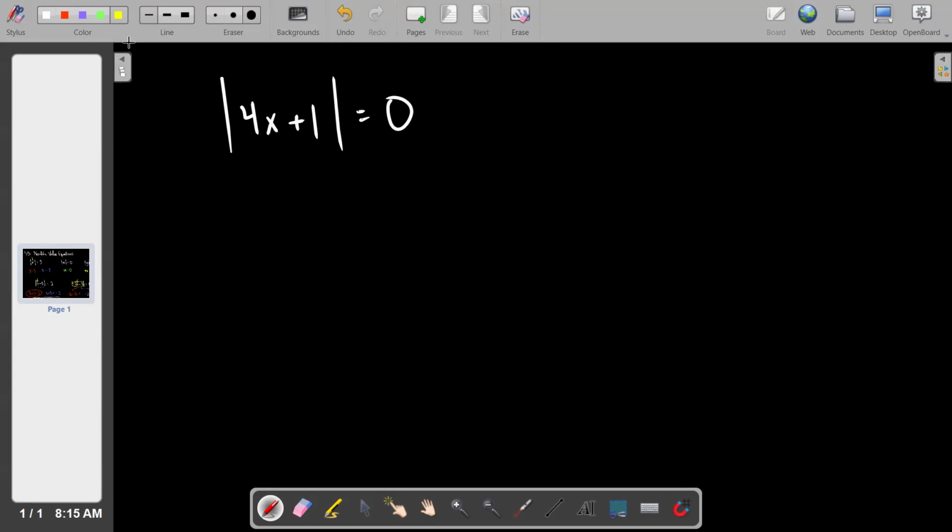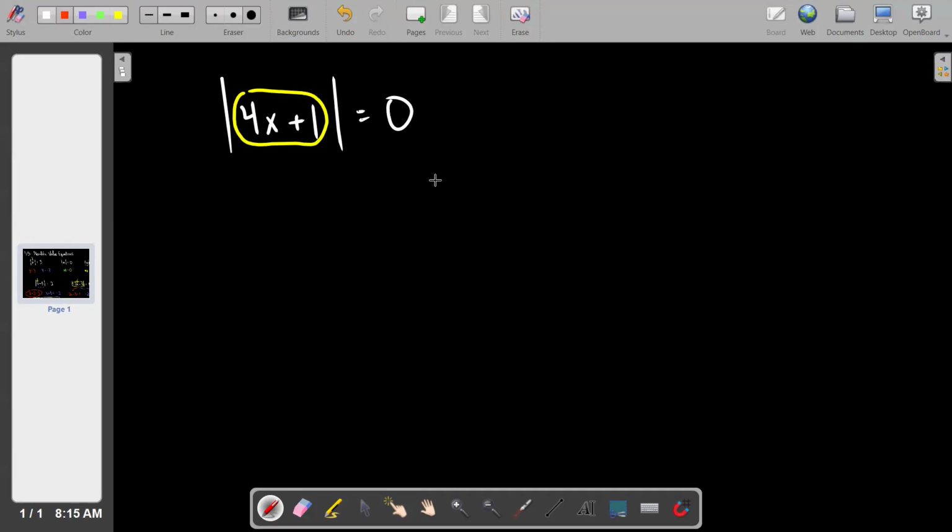Only one in this case, because going back to the very top of your notes, you'll recall that one of the possible scenarios is that you have an absolute value of blah, blah, blah equaling 0. What's the only number in the world that I could replace that yellow egg with to make this true? 0. Therefore, only one equation is required in this case.